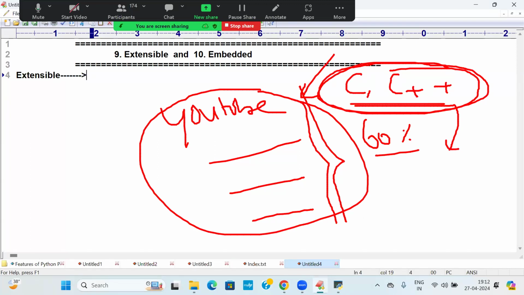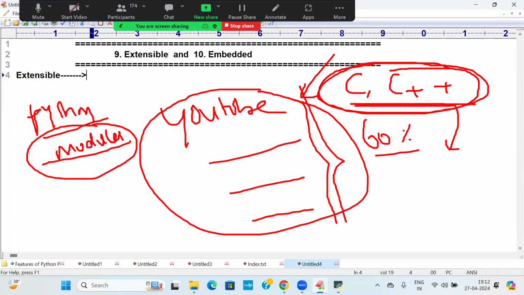But from a development point of view, it is very complex to write. So to avoid the complexity of these languages, the one and only language came into the picture which sorts out so many complexities in the coding part. That is called Python. Python contains a lot of modules related to YouTube: audio video kind of applications, image processing, animation.